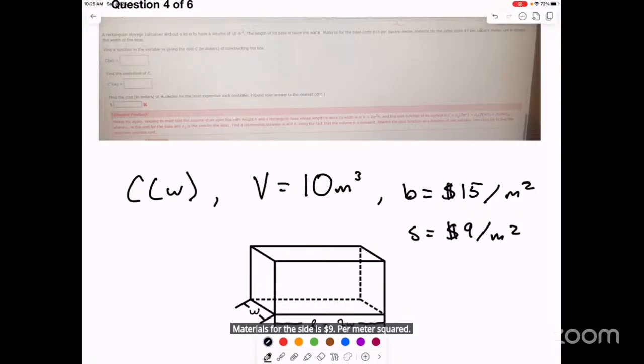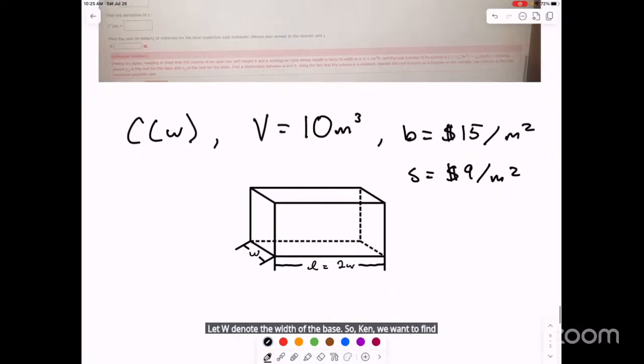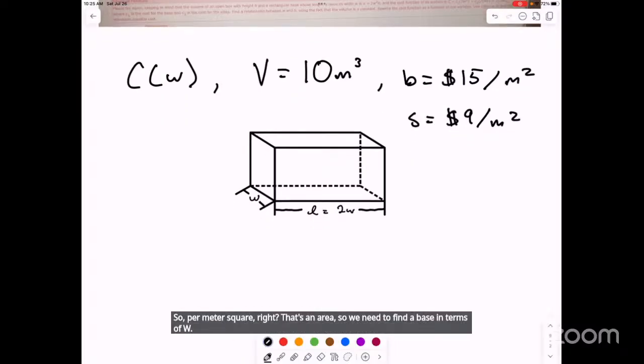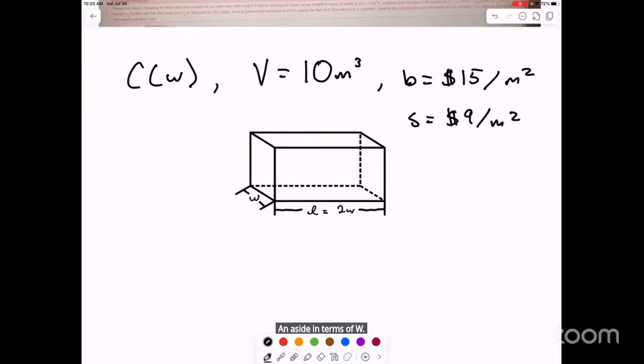Let W denote the width of the base. So we want to find the cost in terms of W. So per meter squared, right? That's an area. So we need to find the base in terms of W and the side in terms of W.